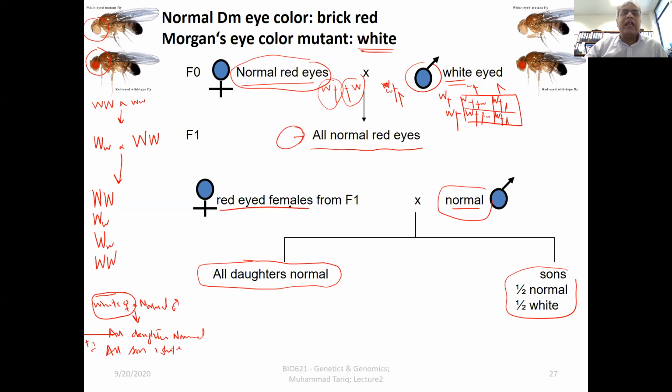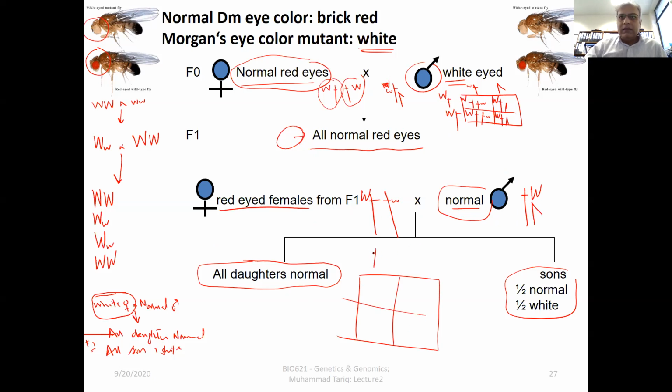Now, if you take red-eyed females from F1, what are the red-eyed females from F1? They are these ones with 2X. But red-eyed females look like this, capital W, small w. Normal male looks like this, W, Y. Okay. Now you can have again the gametes.